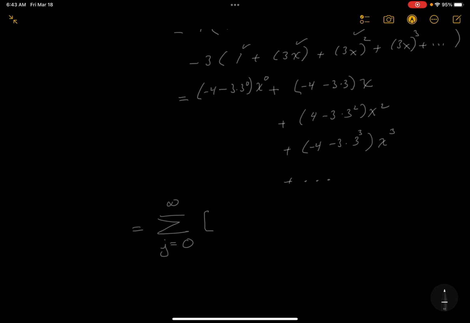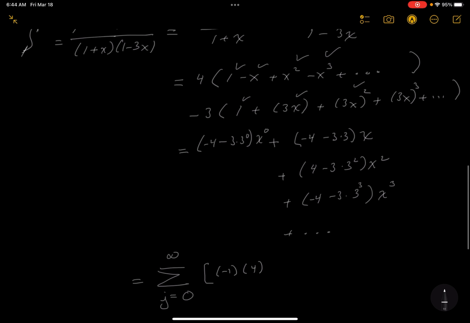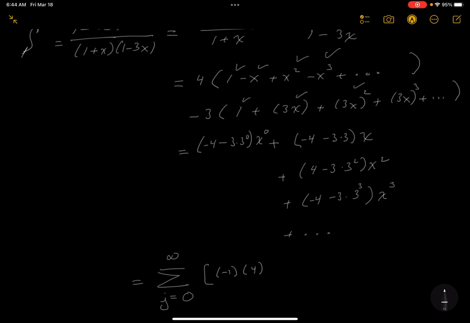So it looks like I got an alternating pattern on the 4. So I'm going to put minus 1, 4. And the 4 is not changing, but the sign changes, right? I made a mistake somewhere. I just noticed it.